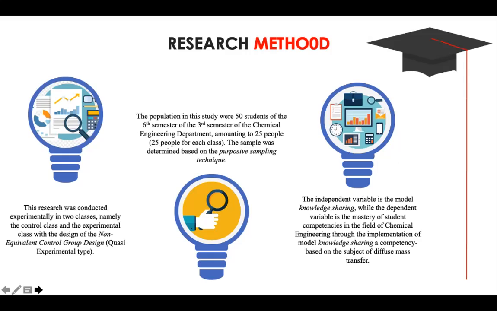The sample was determined based on a purposive sampling technique. The independent variable is the model of knowledge sharing, while the dependent variable is the measure of students' competencies in the field of chemical engineering through the implementation of modern knowledge sharing, competency based on the subject of diffusional mass transfer.